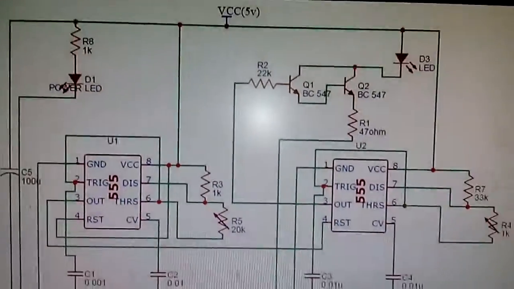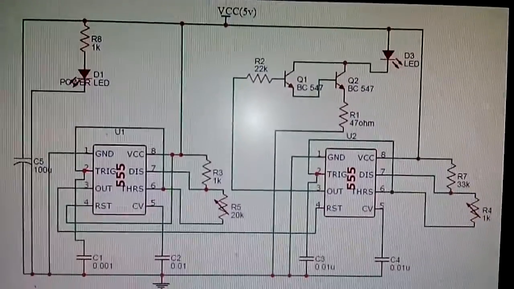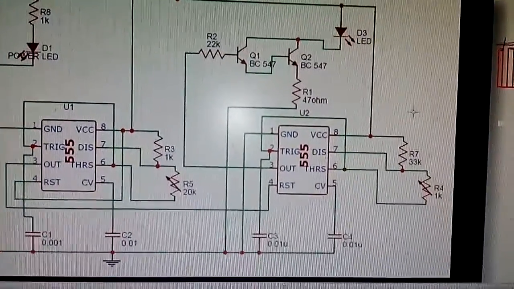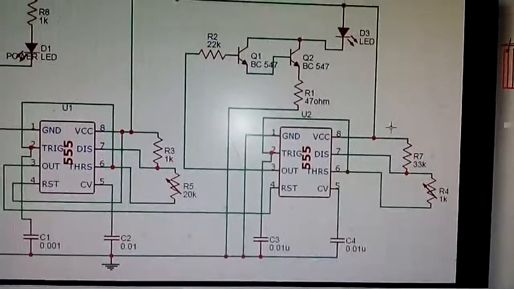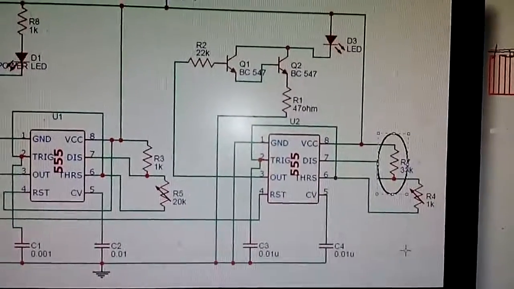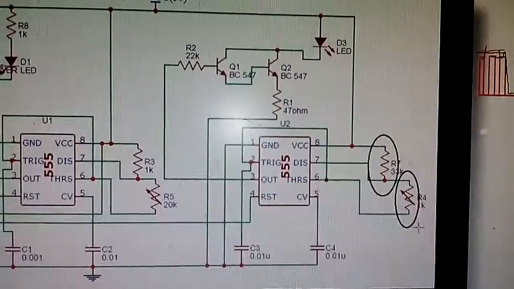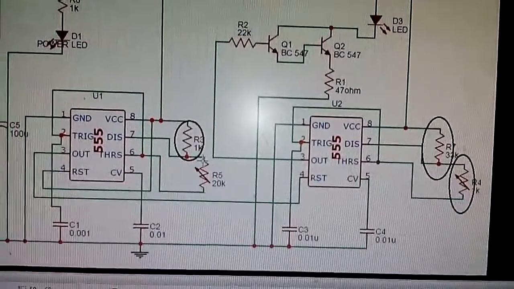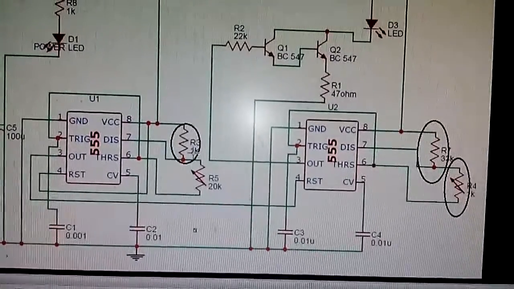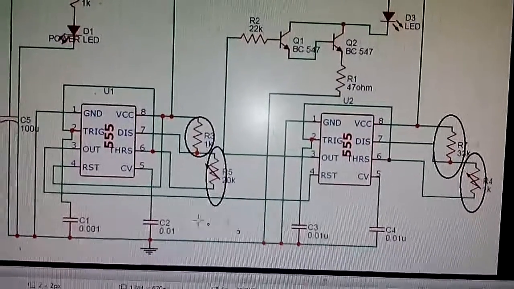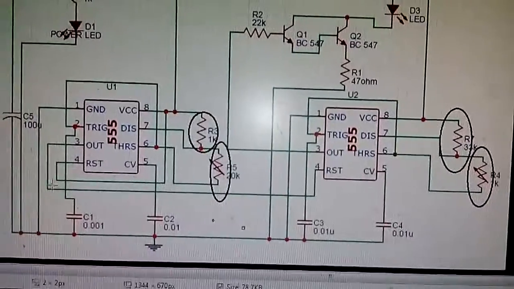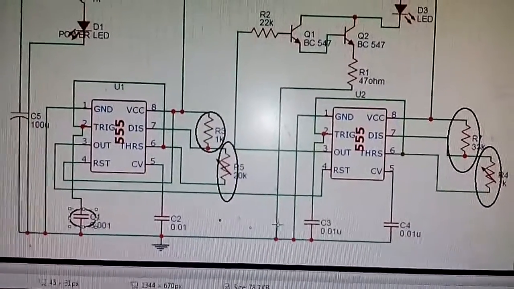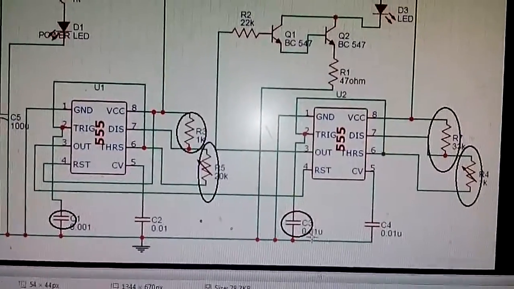So this is the circuit, as you can see. But what I want to say is, please don't copy the resistor values where I am giving the circles. This resistor value, this resistor value, this resistor value, this resistor value, and this capacitor value, and this capacitor value.